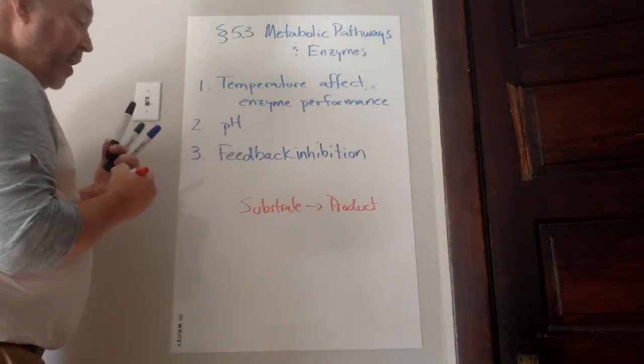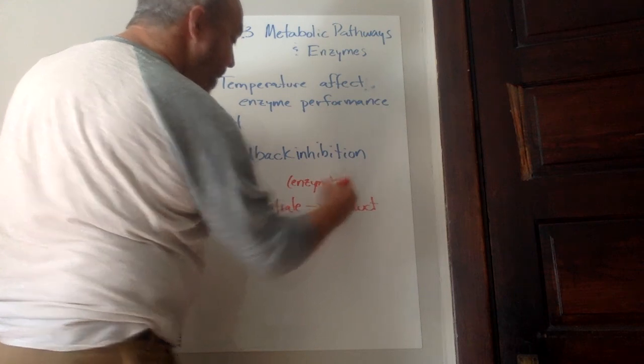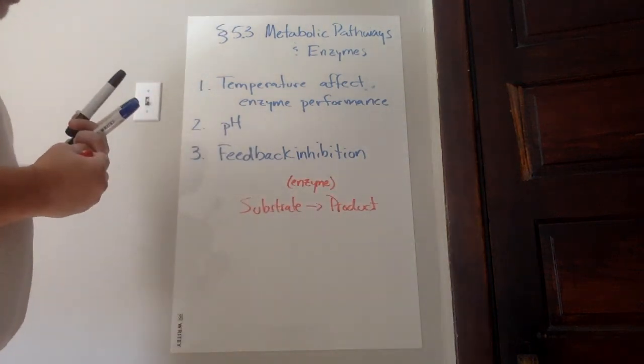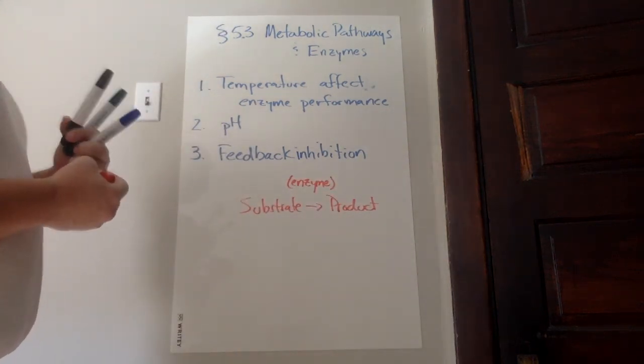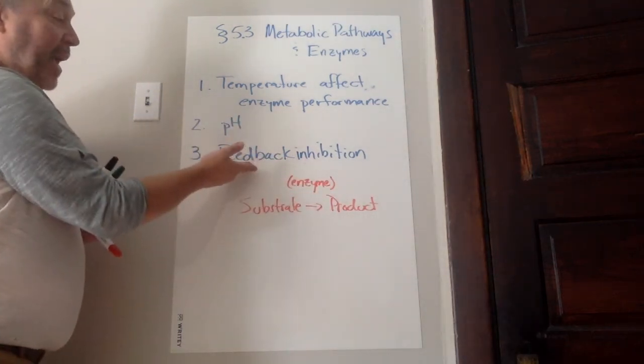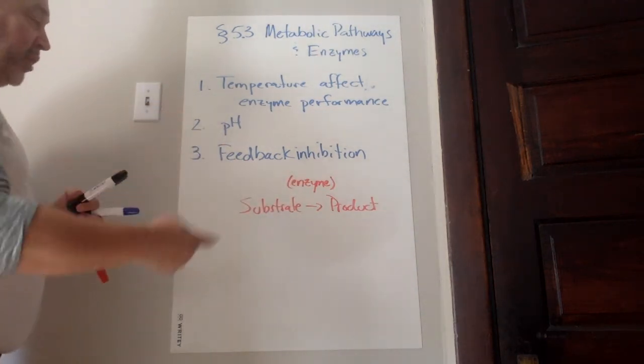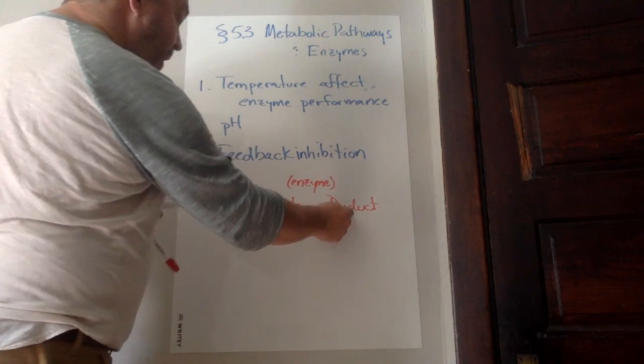If you get too much of a product, you don't want to just keep making something just for the sake of making something, because you're going to lose energy, you're going to lose resources. So your body regulates how much of a product is made by feedback inhibition. This enzyme is going to keep doing its job, it's going to keep taking substrates to products.